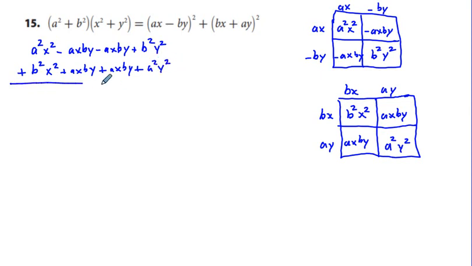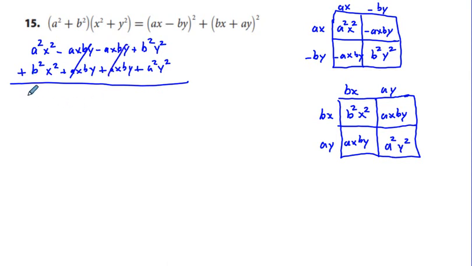And when we create a sum of all these, you notice that our minus axby plus axby will cancel each other. Negative axby plus axby will cancel each other.